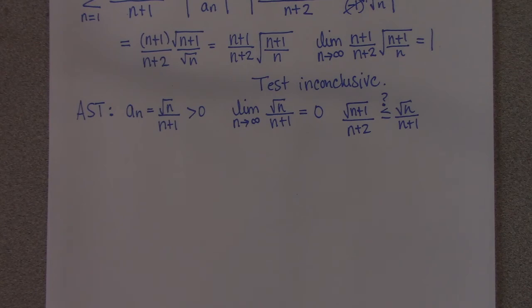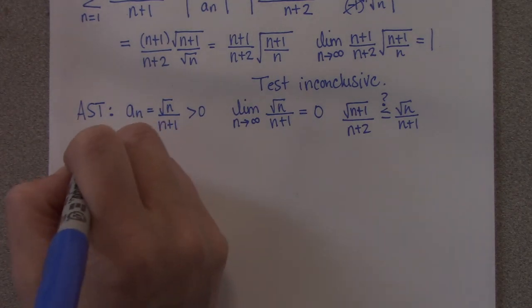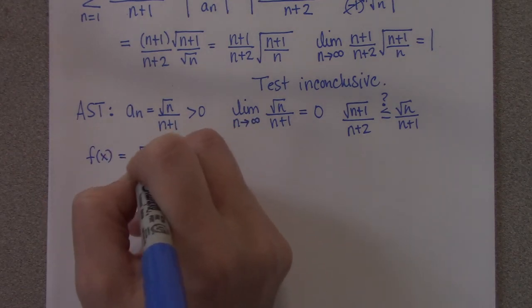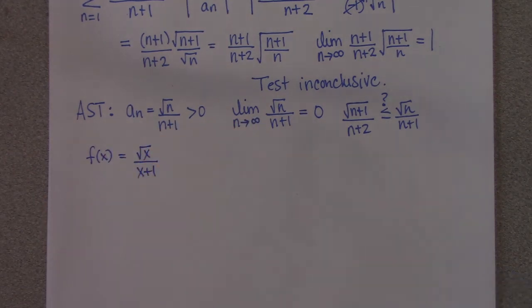So you would take the first derivative, set it equal to 0 to find any maxes or mins, and then you would test intervals, and if the derivative was positive, the function was increasing. If the derivative was negative, the function was decreasing. So square root of n over n plus 1 could be written as a well-defined function that we could easily differentiate.